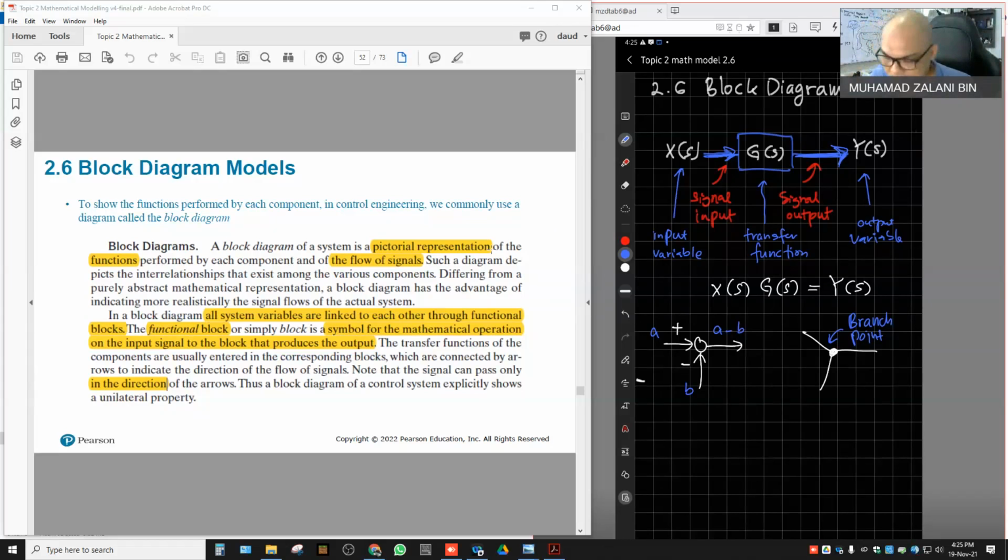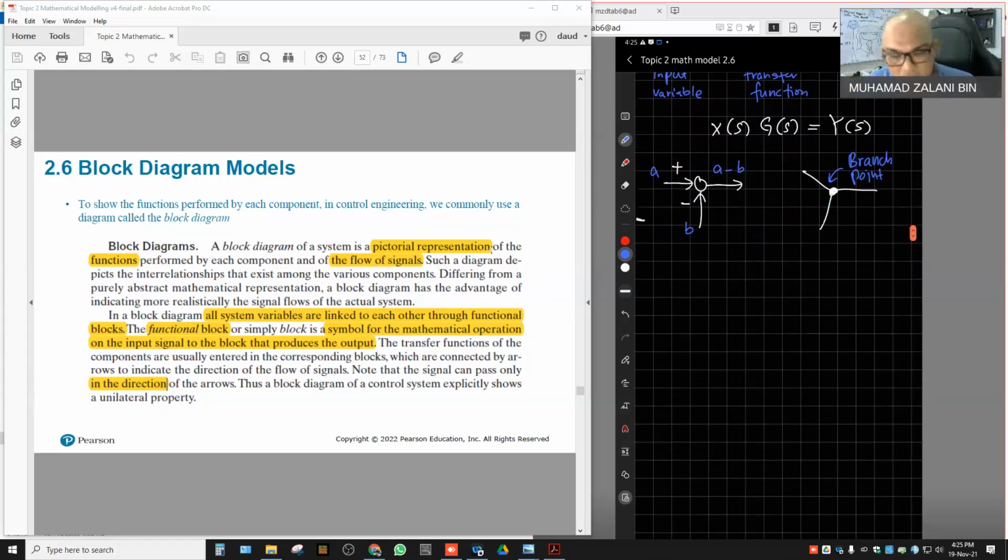So let us start with how we follow the procedure of drawing a block diagram.